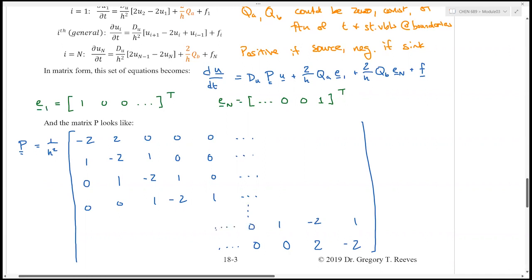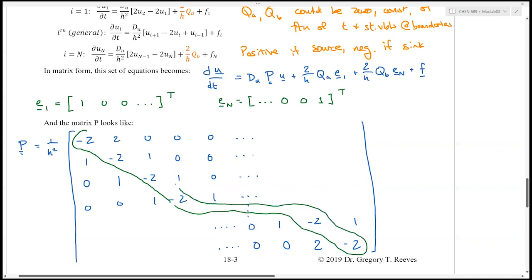So the pattern follows all the way down, where on the main diagonal of this matrix, you have -2s, which includes the final 2 rows as well. And next to those -2s, you have a 1 on either side for almost all the rows, except for the final row and the first row, where you have just the 2 next to the -2. Okay, so that's what the matrix P looks like.